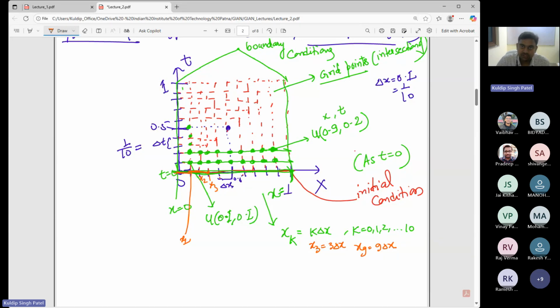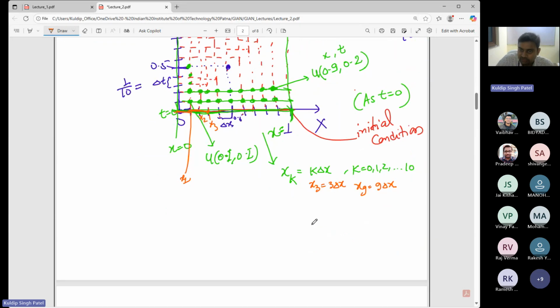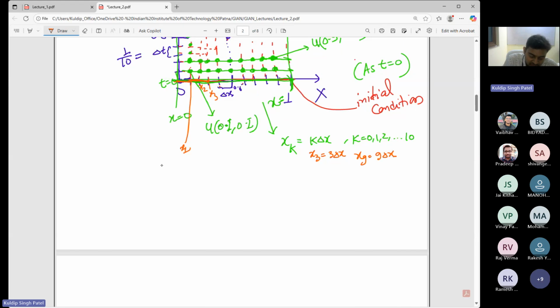I'm not sure whether you people are comfortable or not, but let me try. Using Taylor series expansion, we can simply write del u by del t. This is nothing but u at... okay, let me define a notation first, otherwise you may get confused.